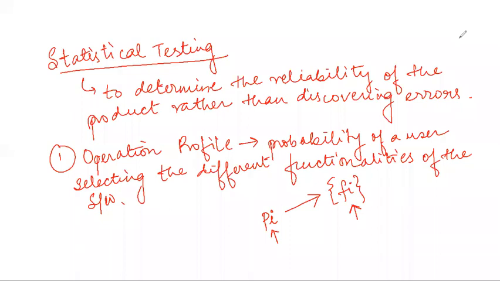By analyzing and observing the usage pattern of the software by a number of users, for example taking inputs from students and librarians for the library automation software, we are generally able to create an operation profile. That way we can assign a probability value to each functionality of the software, and in order we can determine the reliability of the product.